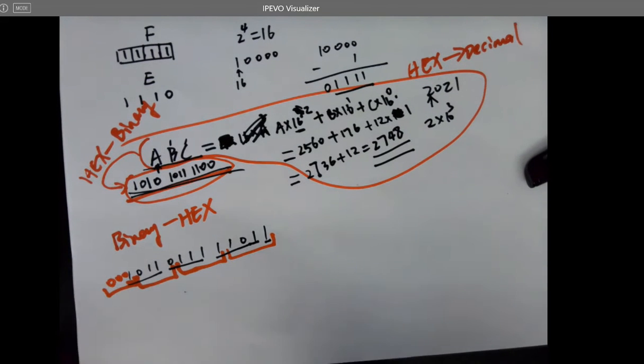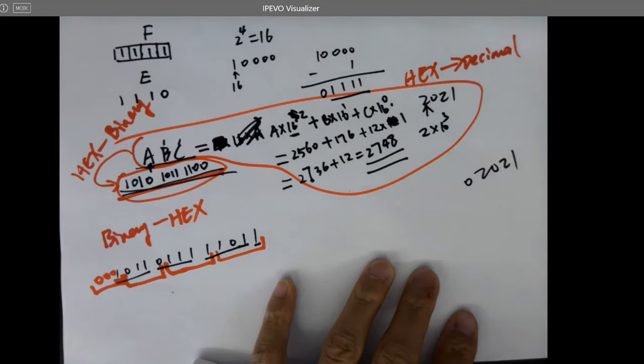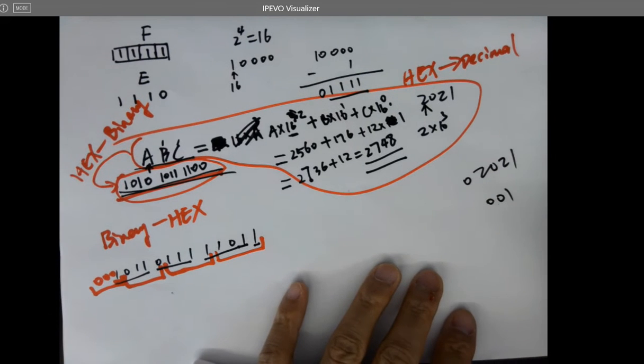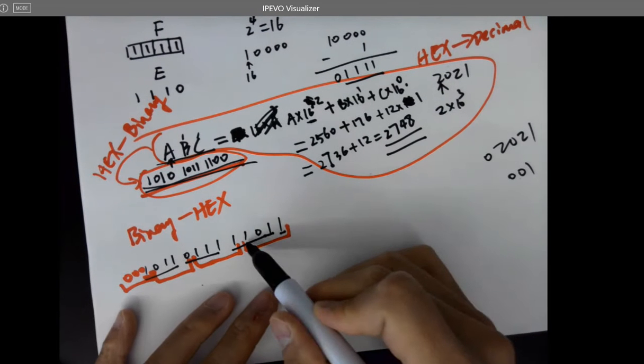Adding zeros in the front is not changing the number, right? It's the same as 20, 21, put a 0 in the front, it's not changing the number. 0 0 1 is still 1. Same here.